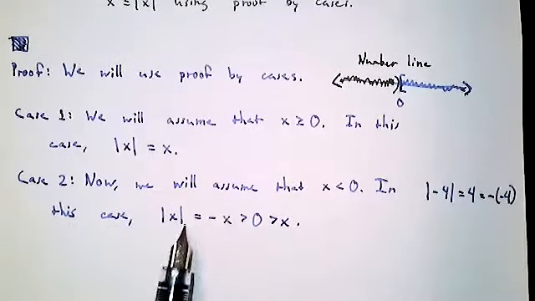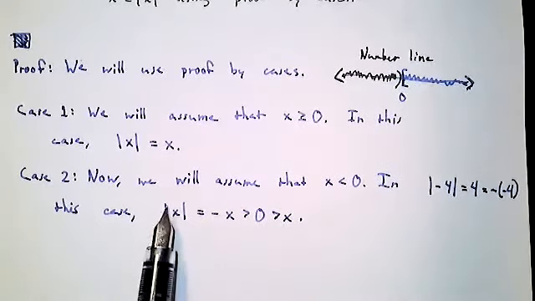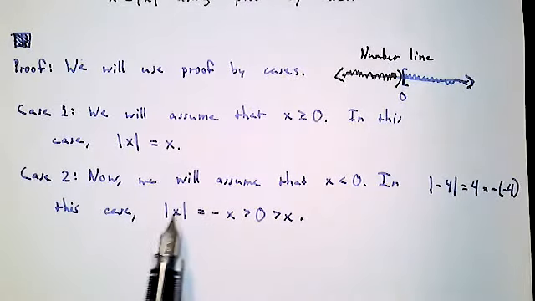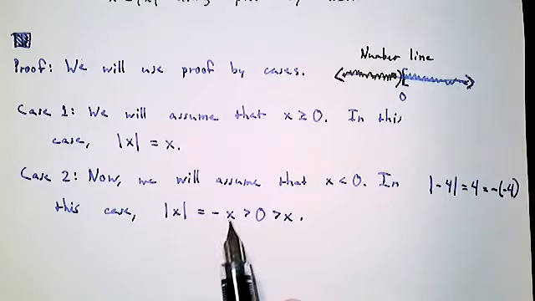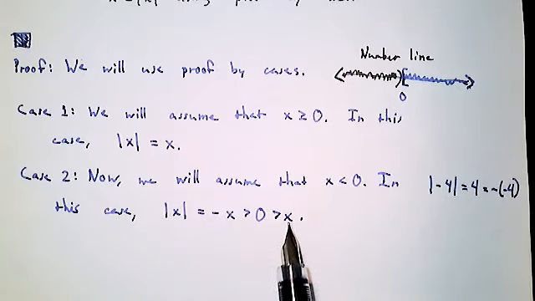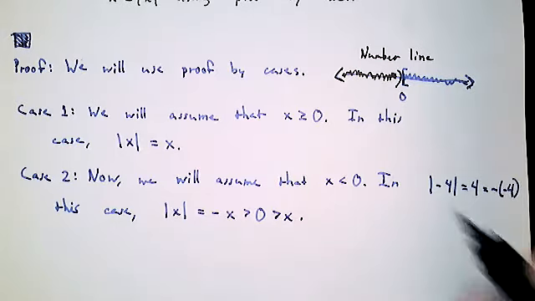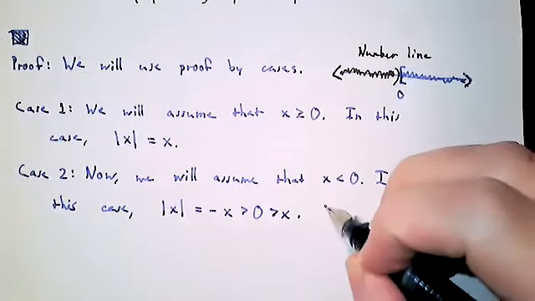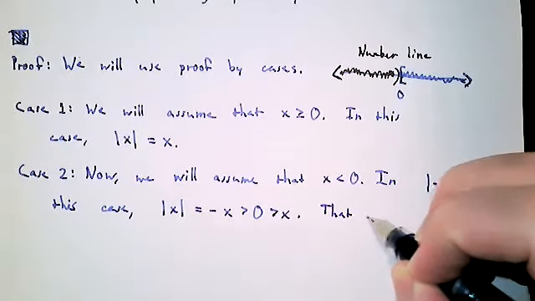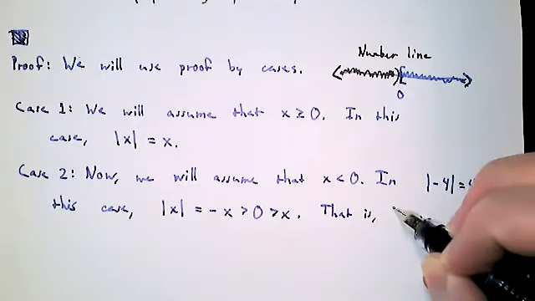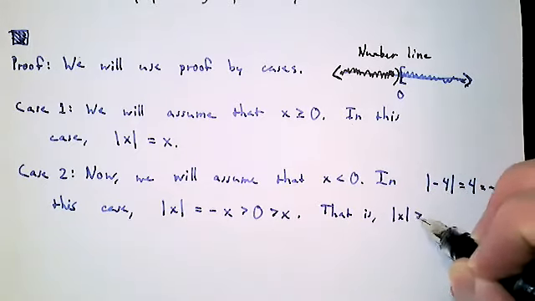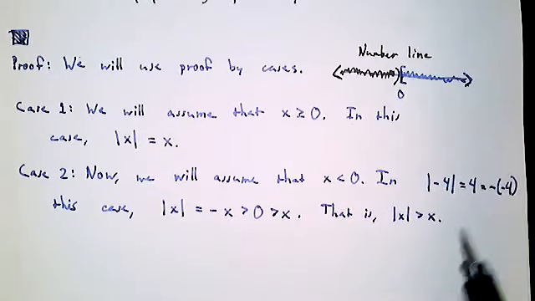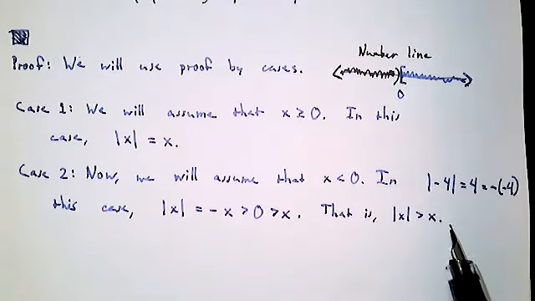So when we string all of this together, we can see that what we started with, the absolute value of x, is greater than what we ended with, x. And that's what we were looking for.